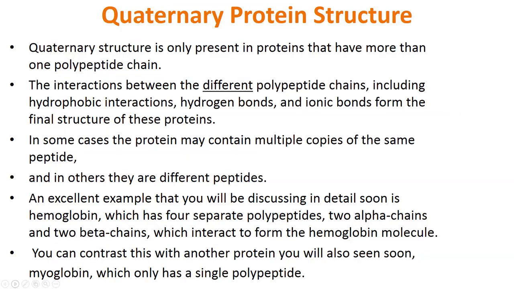Okay, so the fourth level, yes? Can you explain the different characteristics of hydrogen bonding in the secondary structure versus the tertiary structure? Because I'm a little confused on that. They're both hydrogen bonds. The difference is that in tertiary structure we're talking about hydrogen bonding between R groups.